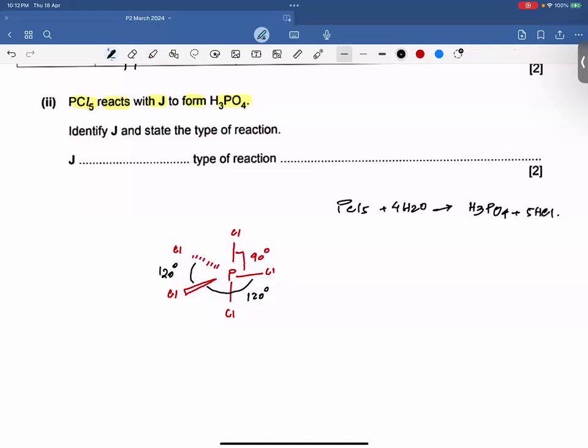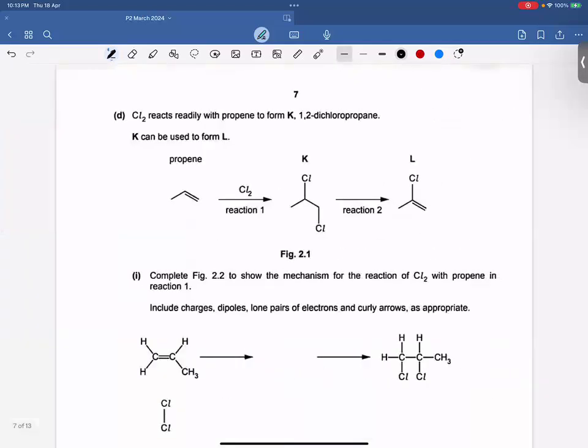So put 4 here. That's the balanced chemical equation. So J is water, because that's the only reagent through which we can form phosphoric acid when PCl5 reacts with it. Okay. And the type of reaction is again hydrolysis. We have discussed this entire information in chemical periodicity, right? Let's move on to the next page.